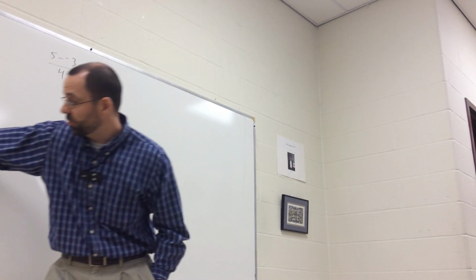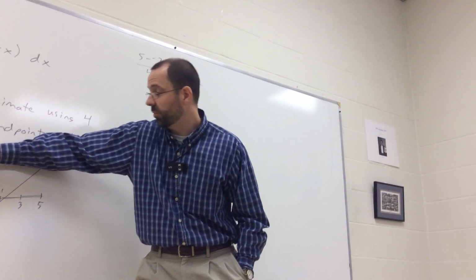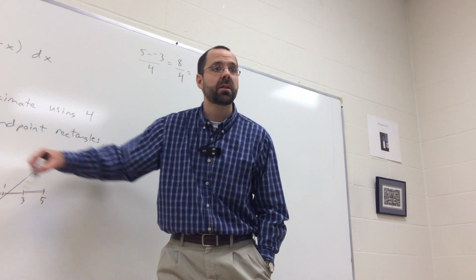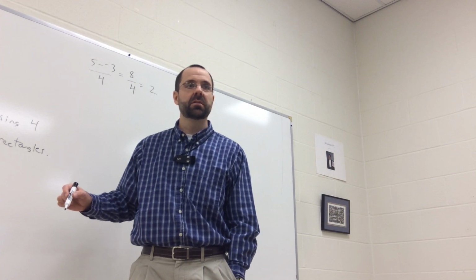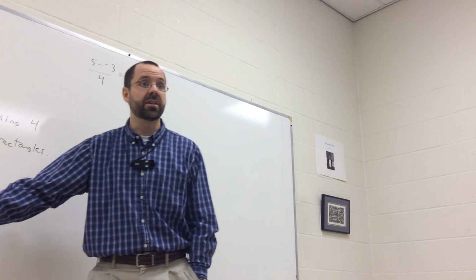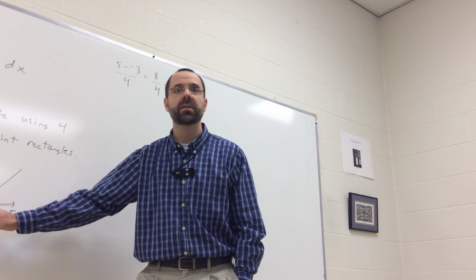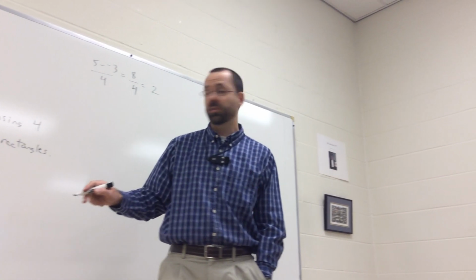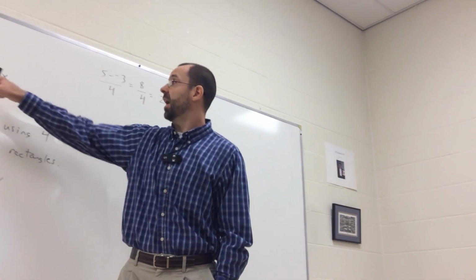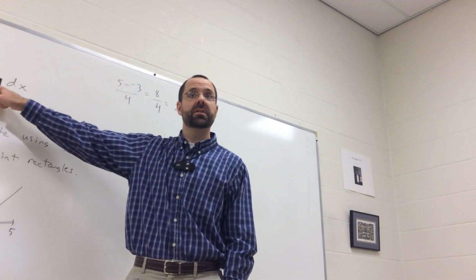Okay, so now let's start with this rectangle, the one from -3 to -1. How am I supposed to find the height of that rectangle? Plug -3 in, right? Why not -1? Because it says use left endpoints, right? So I'm going to plug -3 into the function, and that gives me -5.